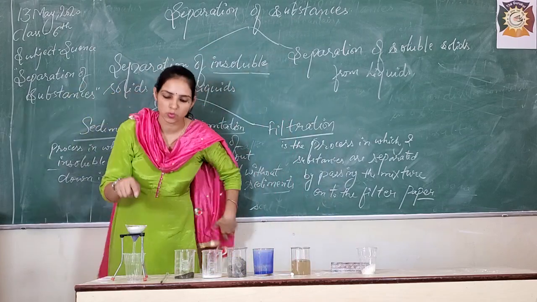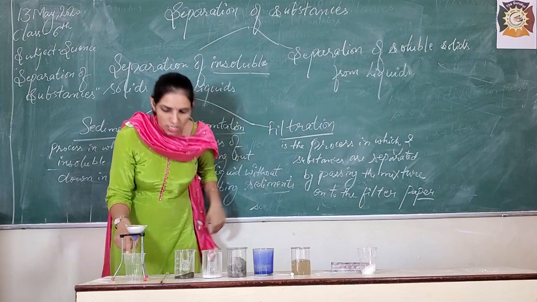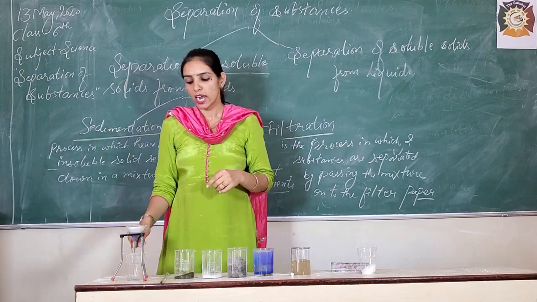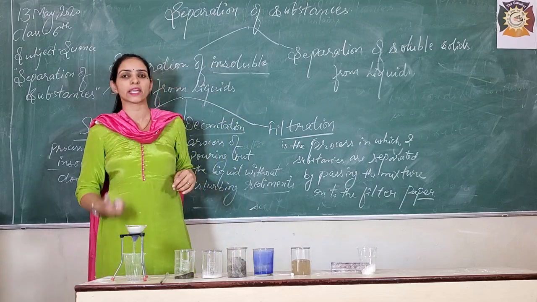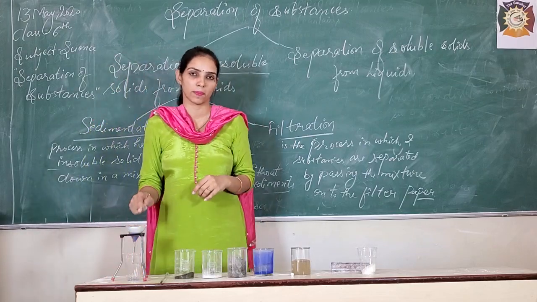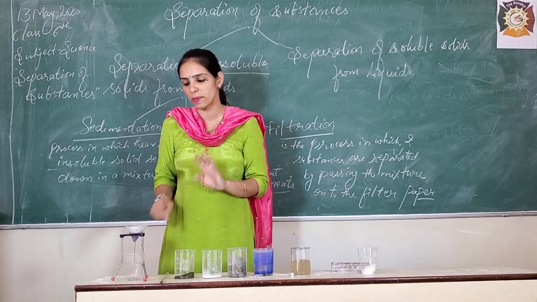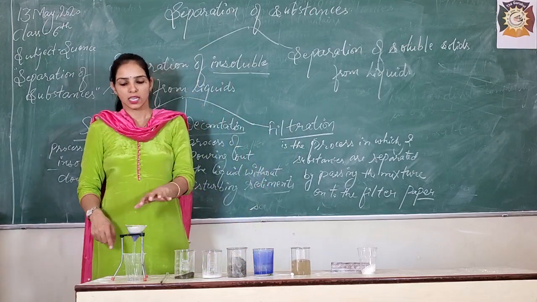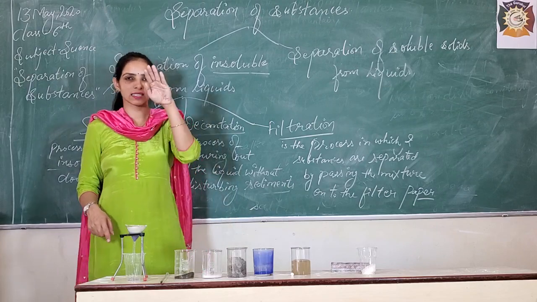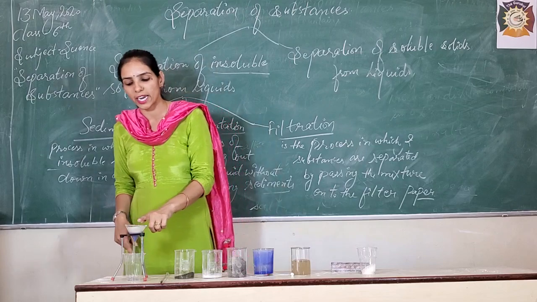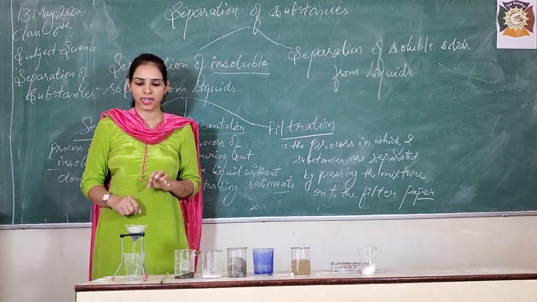As you can see, the water is getting poured out into this beaker, into this glass, and the water coming out through this filter paper is very much clear. It's not blue in color, because the filter paper passes the clear liquid and keeps the impurity on itself.